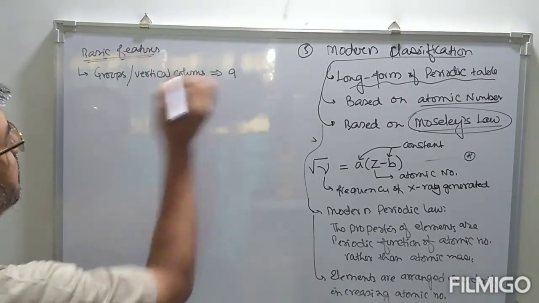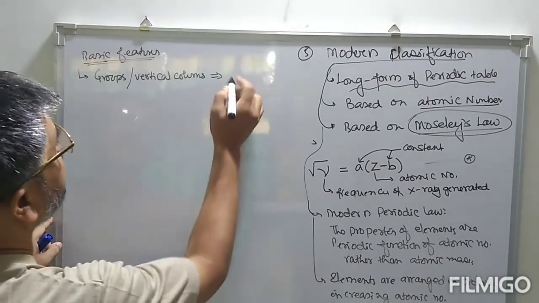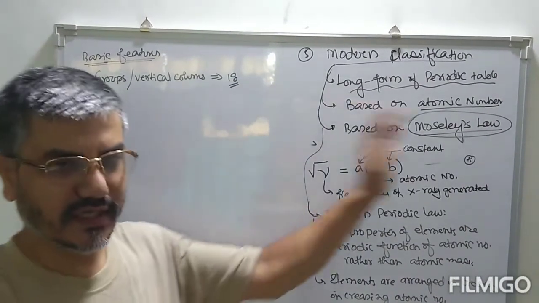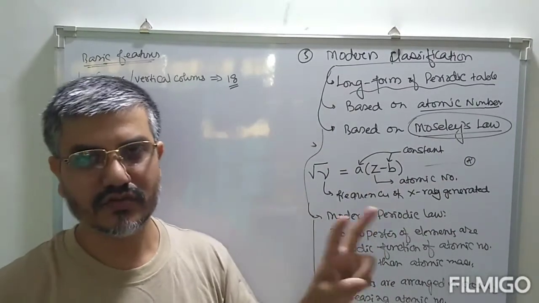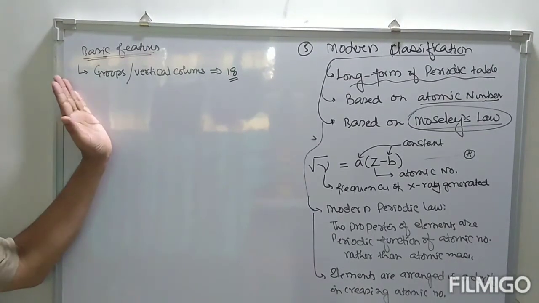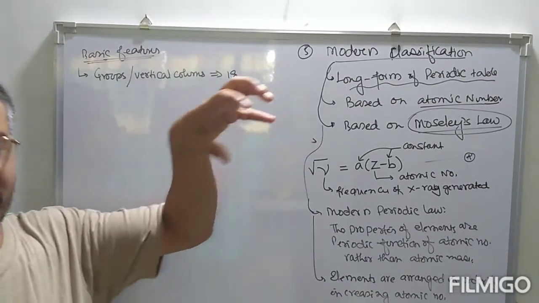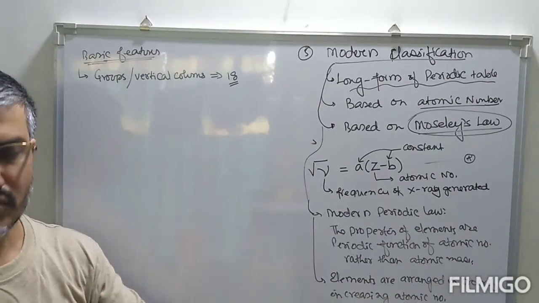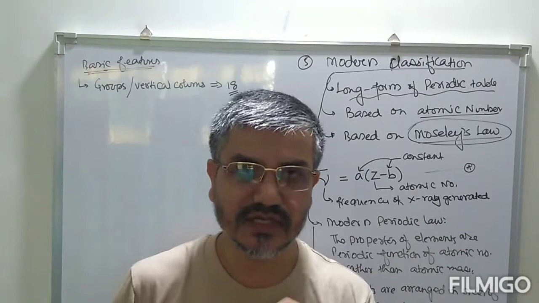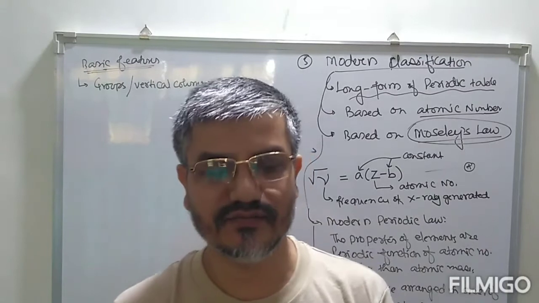In the modern classification the total number of vertical columns or groups is 18 rather than 0 to 8, with each group classified into subgroup A and subgroup B. Elements placed in a particular group have similar electronic configurations, so elements in a group will have similar properties.